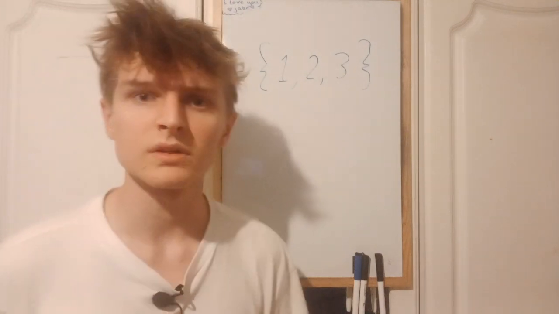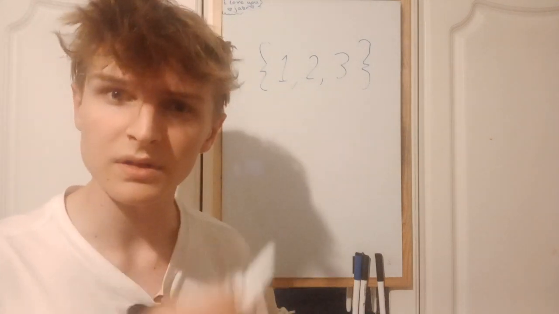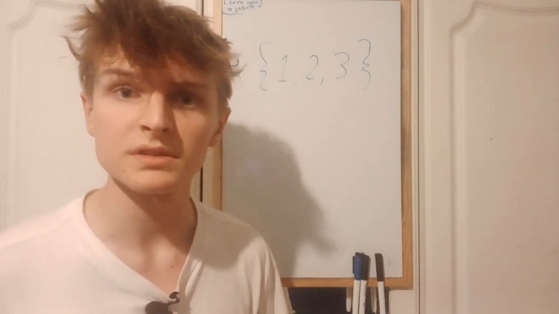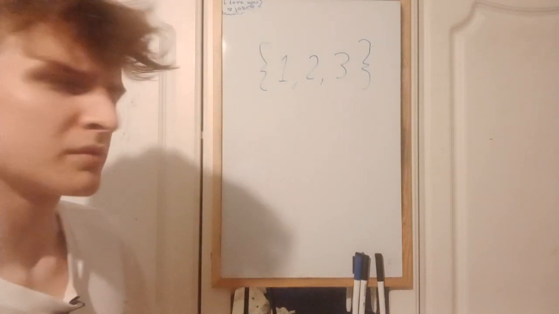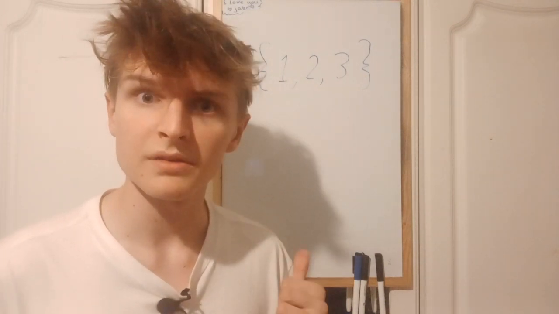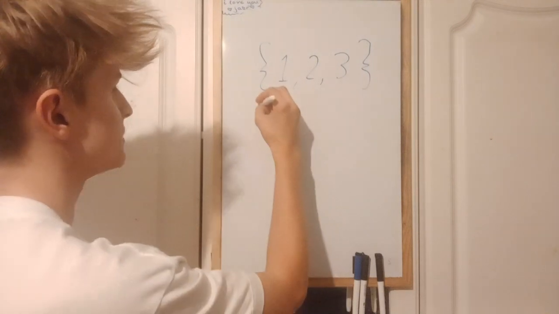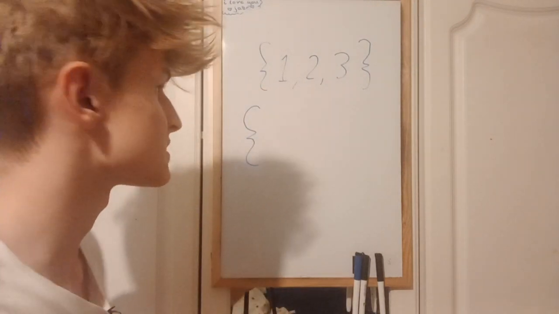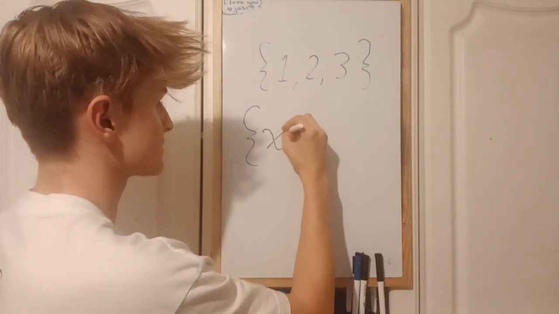But what if we want to write down something more general, something that will help us write down the answers to our cubic inequalities and so forth? For example, what if we want to represent all the numbers greater than 7? This is how you do it. You open your set, so you're saying this is a set, and then you write down x.